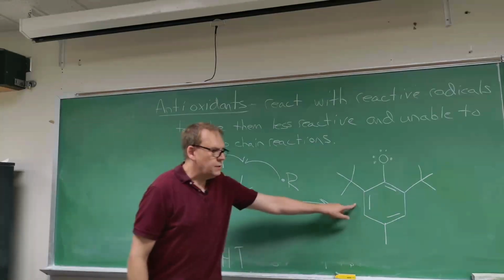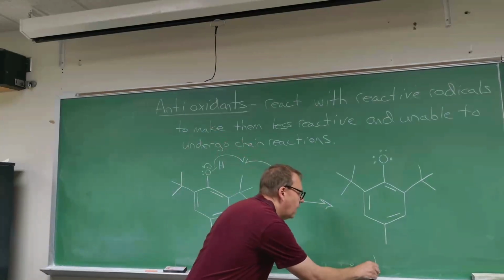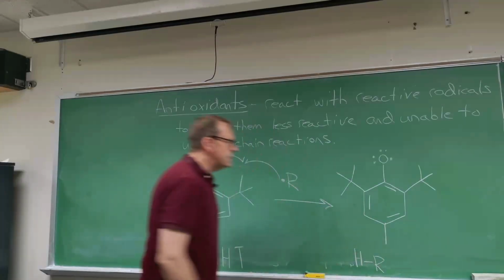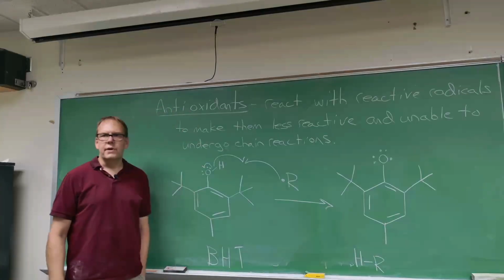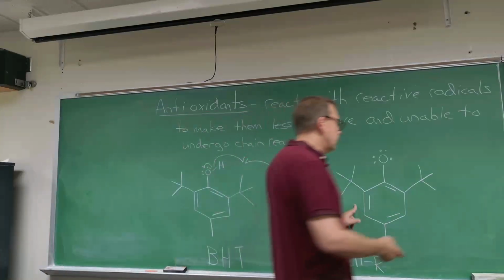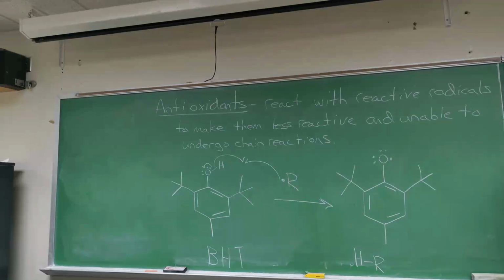So you get this, and you get RH. So this is technically a propagation reaction because you haven't destroyed a radical, but you've produced one in the place of the reactive one that's a lot less reactive. This thing is quite stable actually because it's got a lot of resonance structures.